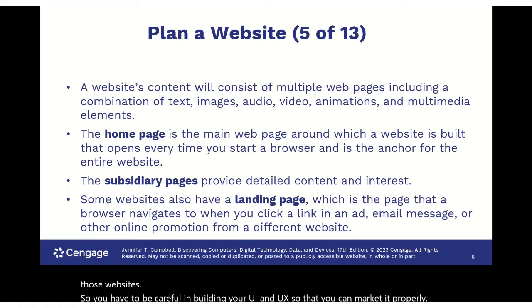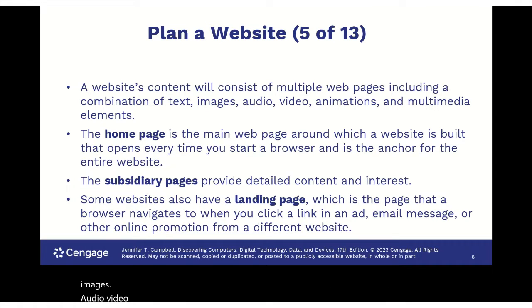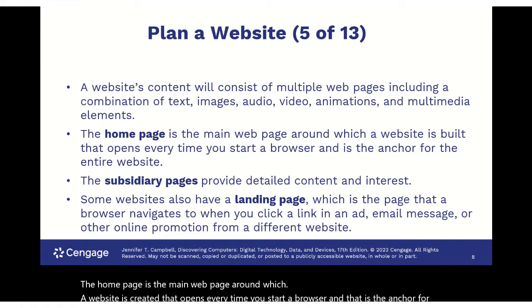The website's content will consist of multiple web pages, including a combination of text, images, audio, video, animations, multimedia elements, and so on. The home page is the main web page around which a website is created, that opens every time you start a browser, and that is the anchor for the entire website.